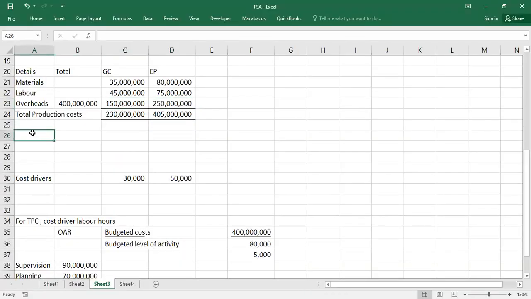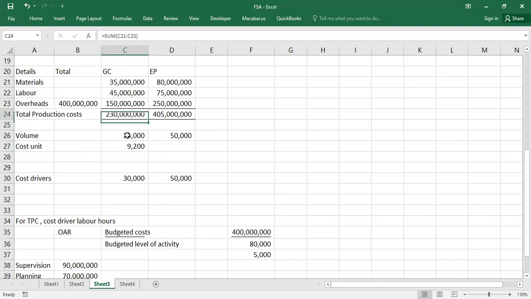So it's saying that volume production, this one is 25,000. This one is 50,000. Okay, so therefore my cost per unit is given by the total divided by the number of units under each.